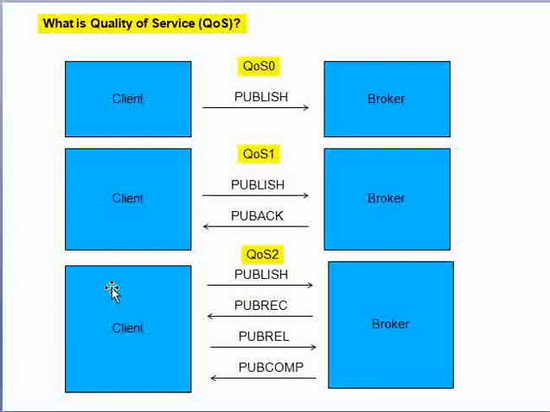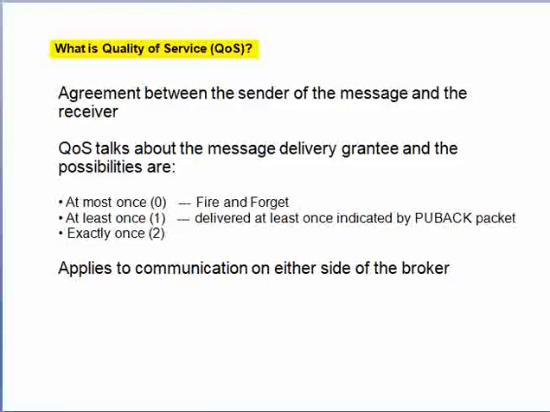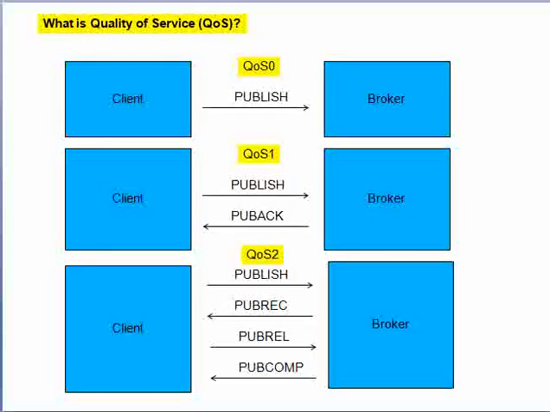And then QoS 2. This is like we publish the data, and then the broker is going to say publish receive, and post that the client is going to say publish release, and you get the publish completion. So these steps are going to go through, and this is called exactly once. So this happens only once. Okay, so that's the kind of QoS levels that we have as per the protocol.